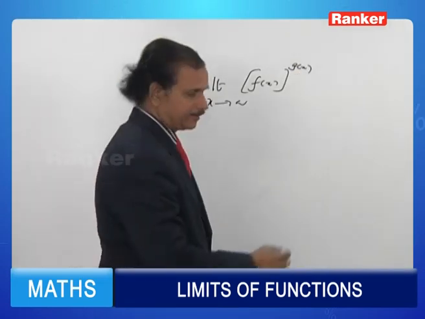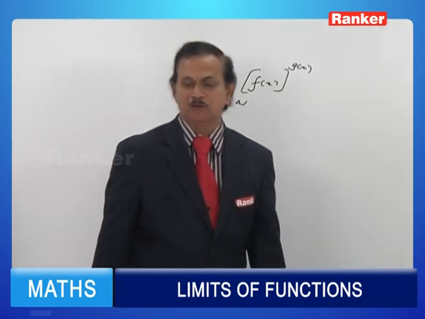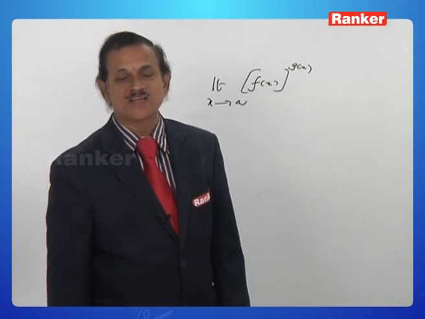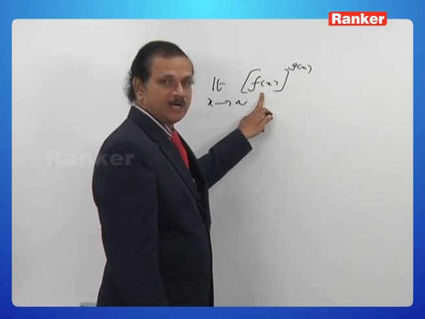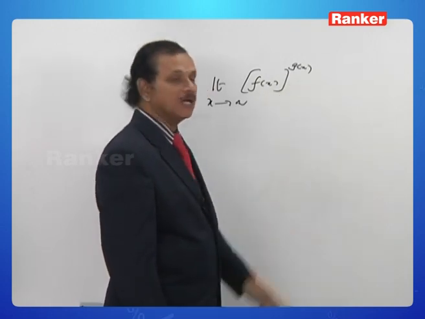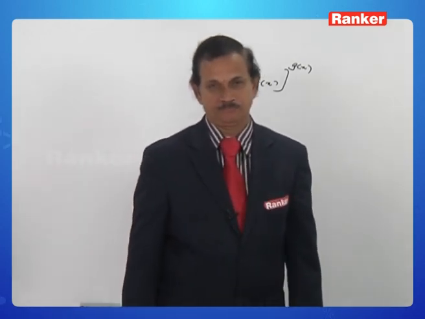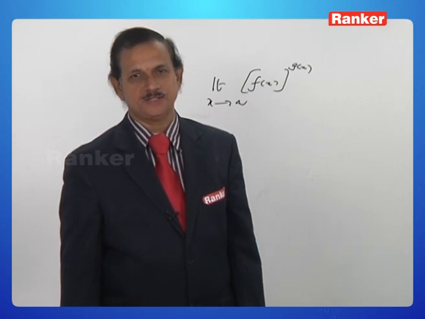Suppose a limit like limit as x tends to a of f of x whole power g of x is given to us, which actually takes the shape of 1 power infinity. That is, limit as x tends to a of f of x is 1 and limit as x tends to a of g of x is infinity. 1 power infinity.